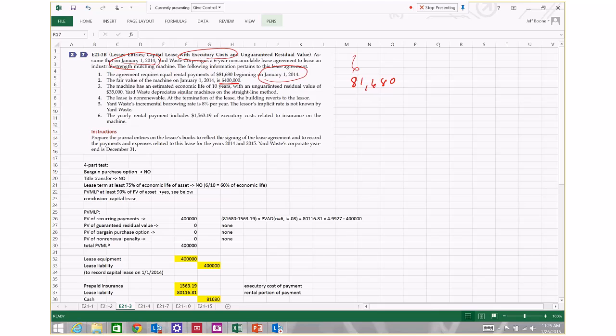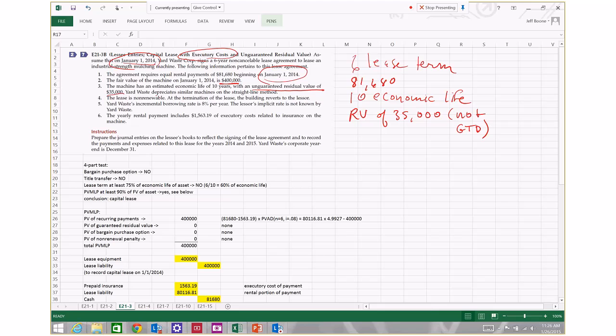The machine has an estimated useful life of 10 years, so we've got a 10-year economic life, and we have a 6-year lease term. Okay, so what else we got? We've got residual value of $35,000, but that residual value is not guaranteed by the lessee.